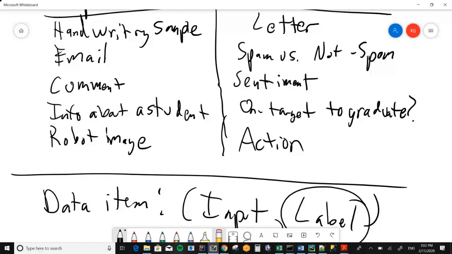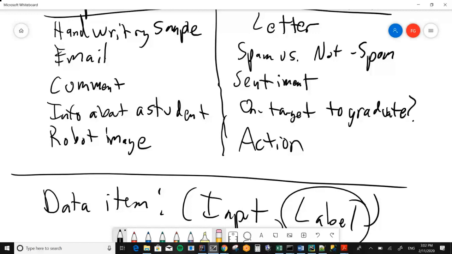With spam versus not spam, repositories were fairly easy to develop based on setting up an email program where people just said, this is something I want to read, this is something I don't, as they looked at it. And so in a distributed way, it was possible to build some very powerful data sets.